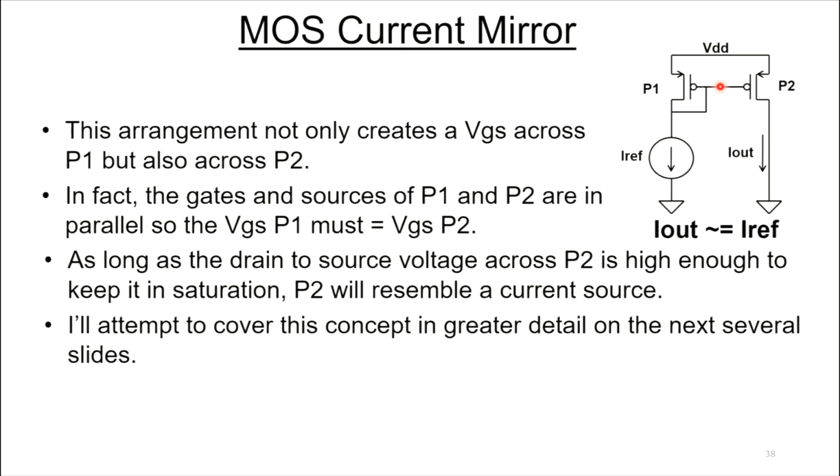They have the same gate voltage and the same source voltage, so they have the same VGS. As long as the drain to source voltage of P2 is high enough to keep it in saturation mode, P2 is going to resemble a current source. I know that's not obvious to you right now, but I'm going to try to explain that in more detail on the next several slides.